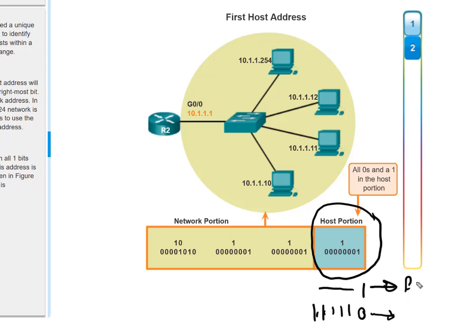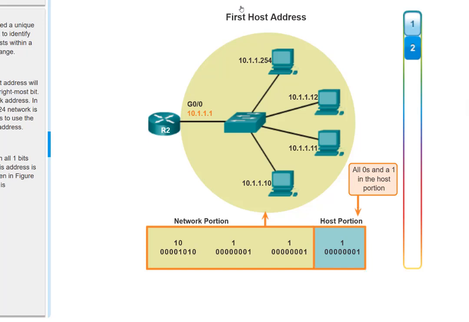So this is the first IP address for a host, and this is the last. And remember that you have a particular size for the host portion to represent the host part and to represent the broadcast. This way you can calculate the first and last addresses for a host.